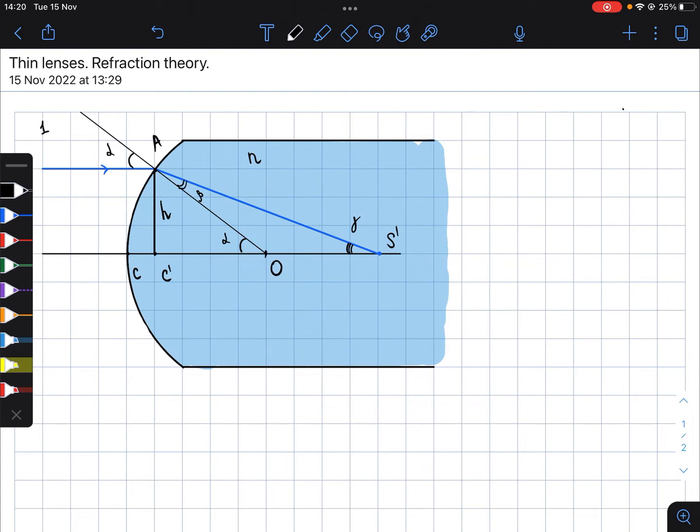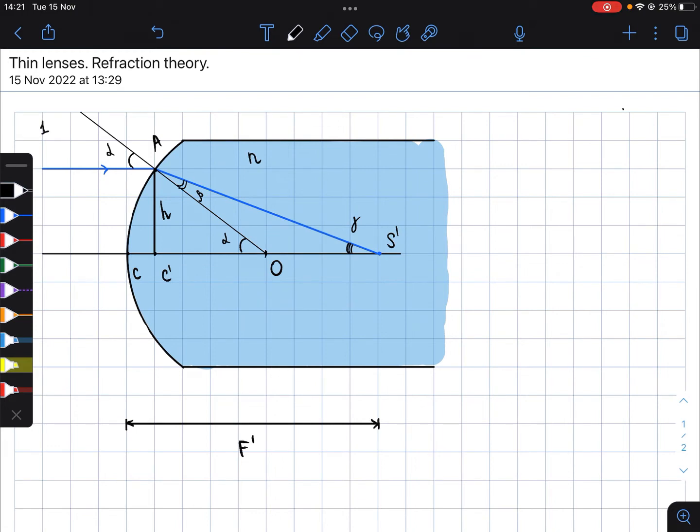So if our ray converged at point S prime, this is our focal length. The distance from here to here is going to be our focal length, let's say it's just F prime.